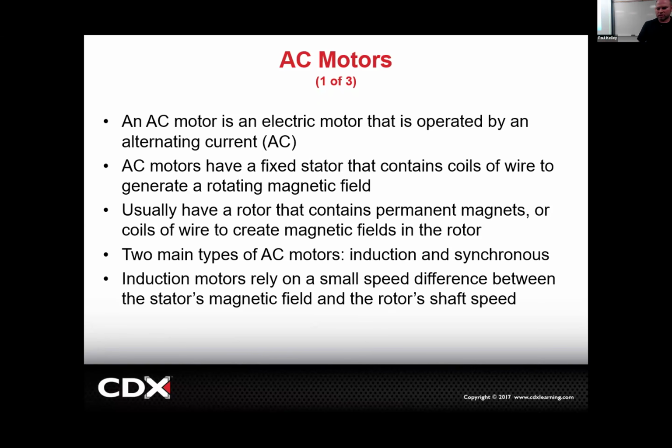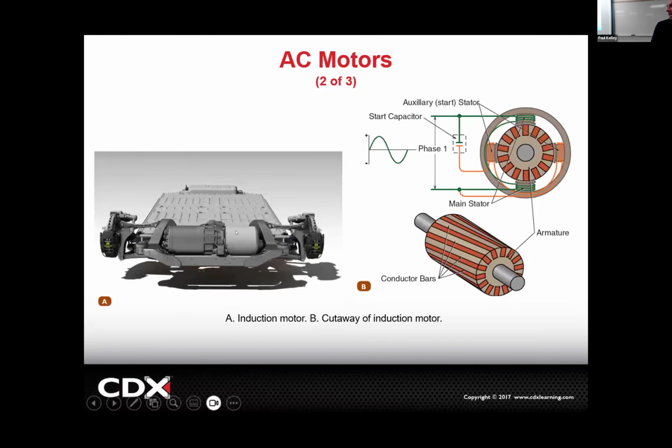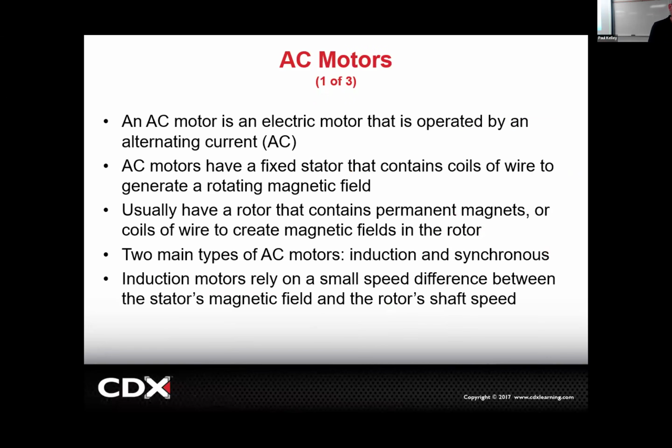So all of a sudden, we're introducing these AC motors in the vehicle, and the AC motor could be the main traction motor, like these. That's the actual motor that turns the axle to turn the wheels. This is the Tesla platform.